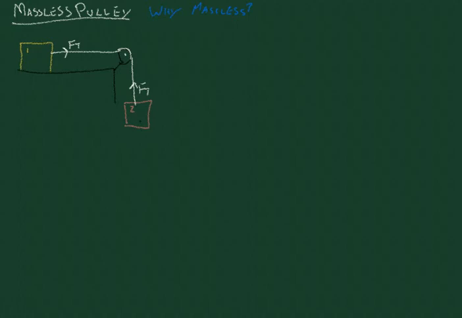Okay. So of course, here we would say that this is the y direction, and we have the x direction going to the right. So the y direction's up, the x is to the right. But notice that we can really treat this system as a one-dimensional problem where we have two masses that are connected by a rope, and we have a force in the x direction, which is the gravitational force on block 2.